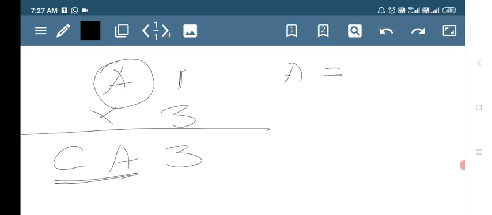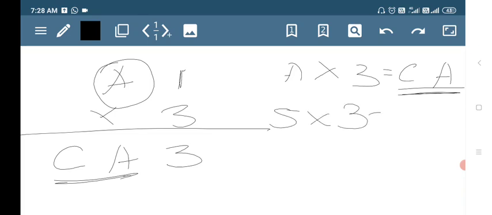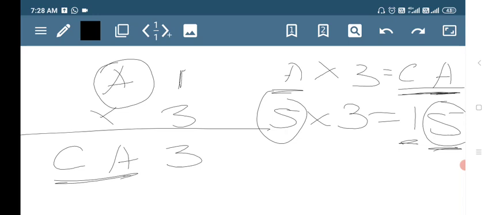If I take 0, no, 2 digit numbers cannot be there. So it should end with the same A digit here. What could be the possible value with some C, right? So 3 ones are 3, no, 2 digit numbers are not coming. 3 2s are 6, no. 3 5s are 15. If it is 5 and it is 3, 3 5s are 15. Yes, we are getting the value of A as 5 and C is 1.